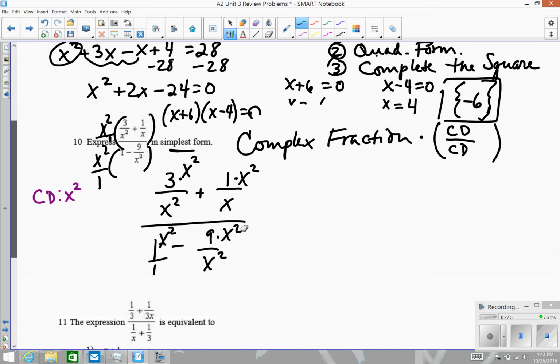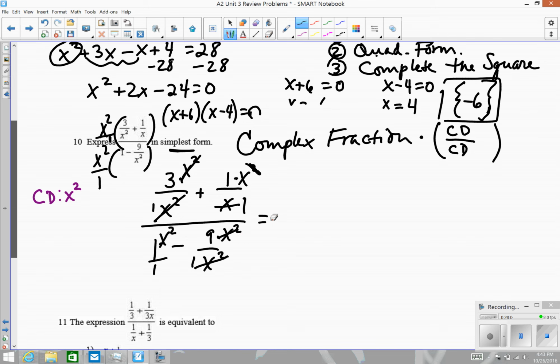This allows me now to cancel out within each of these fractions. This becomes 3 over 1. I can cancel out an x here, one of those x's here, and I get x over 1. This x squared doesn't cancel anything out, so I get x squared over 1, which is just x squared. My x squareds both cancel out here, and I get 9 over 1.